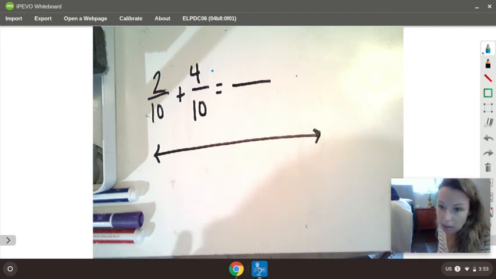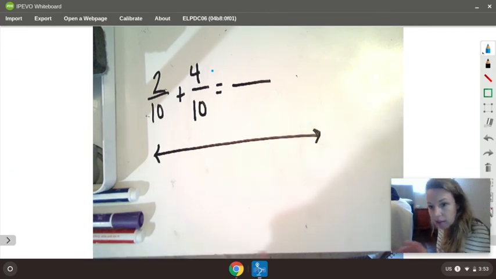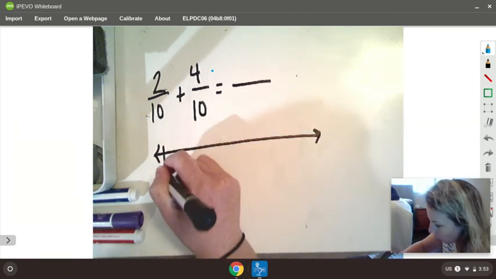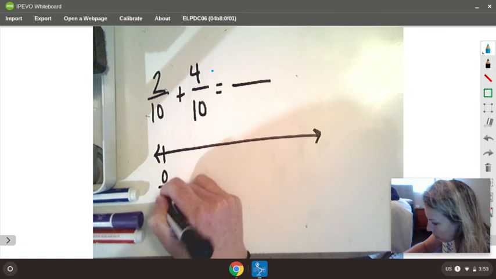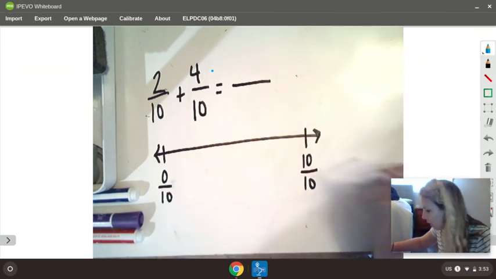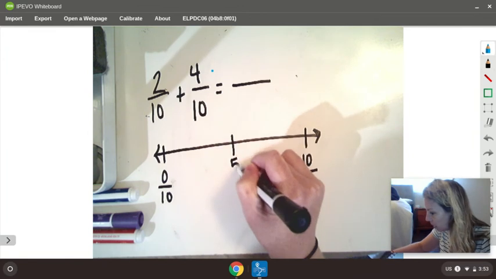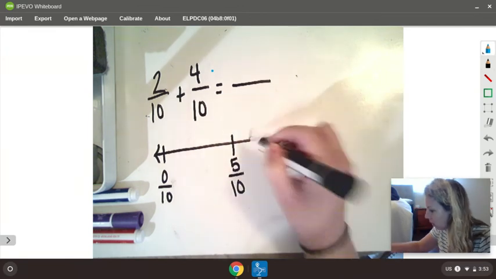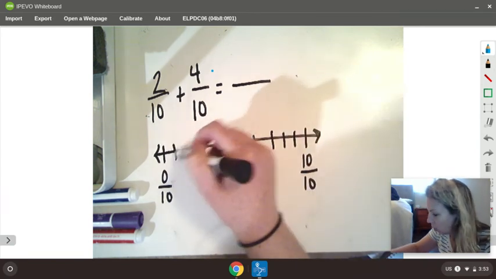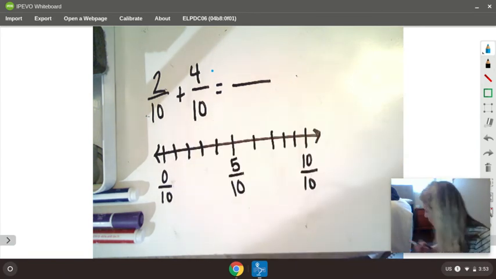We're using tenths, so we're going to break our number line into tenths, 10 equal spots, okay? And you just do your best to make it equal. So if this was 0/10 and this was 10/10, right in the middle would be 5/10, right? And then we'd have 6, 7, 8, 9, and 1, 2, 3, 4.